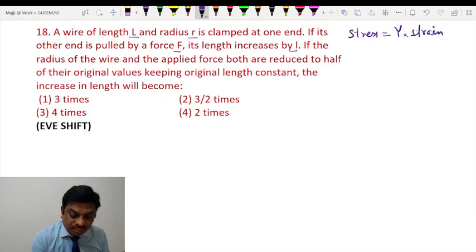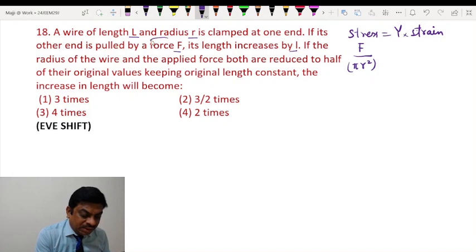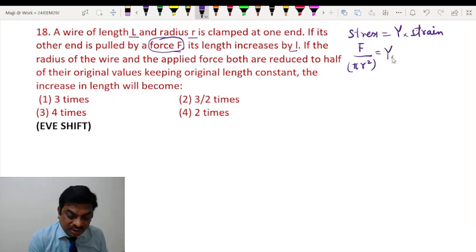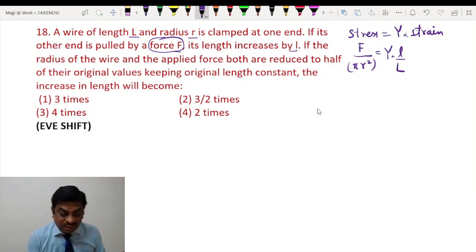Now stress is the restoring force per unit area. When equilibrium is attained, the restoring force will be equal to the applied force, so here I am taking the value of the applied force itself. You have to understand this. And the strain is increase in length upon original length. This is the first step you have to write, students.